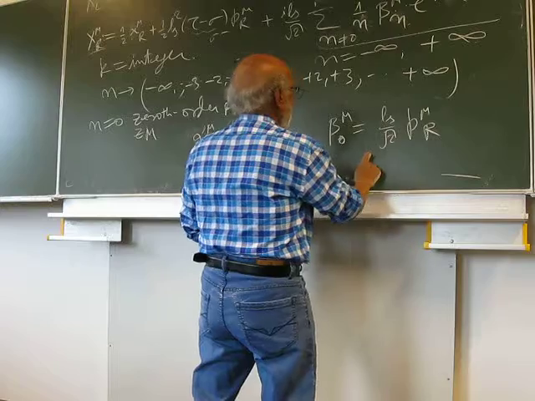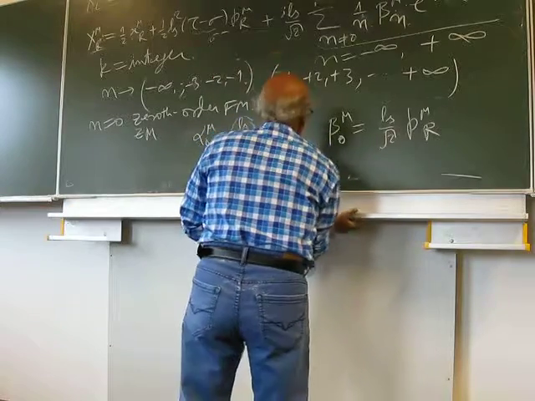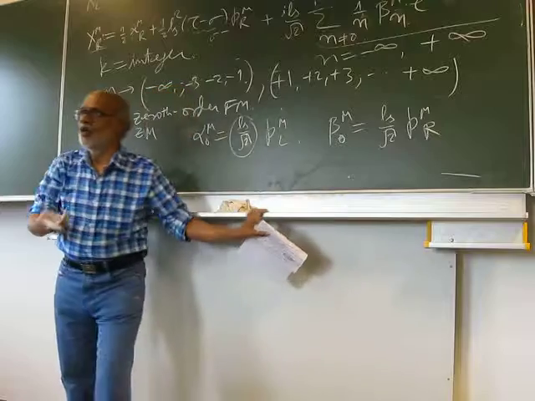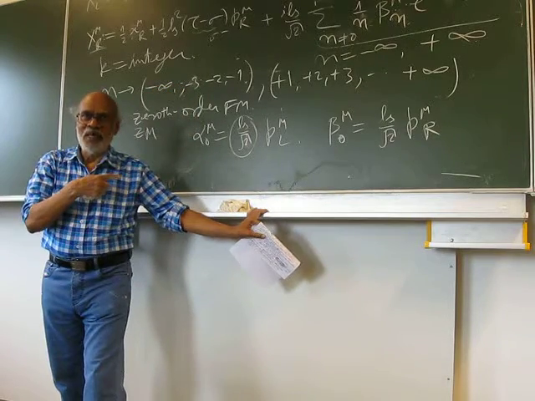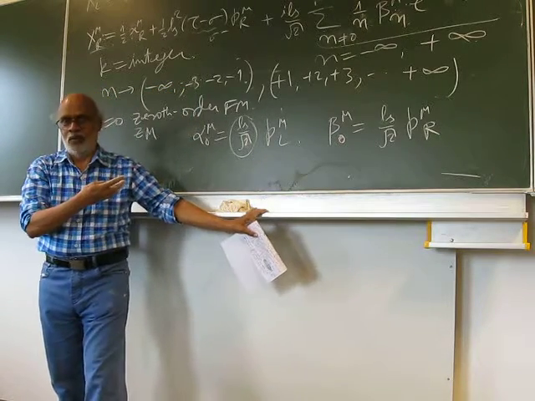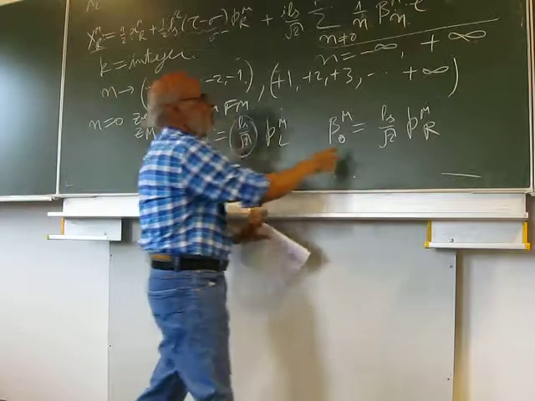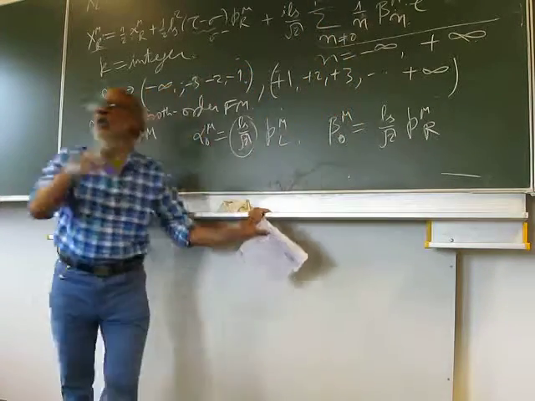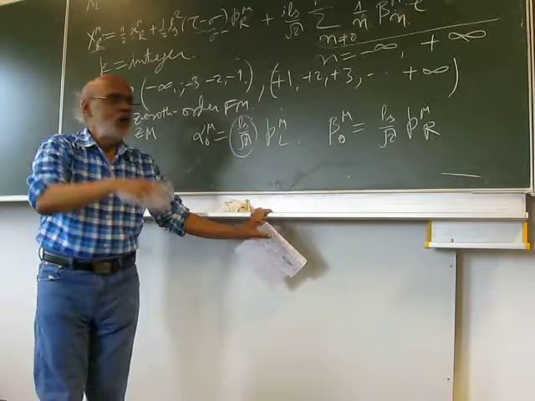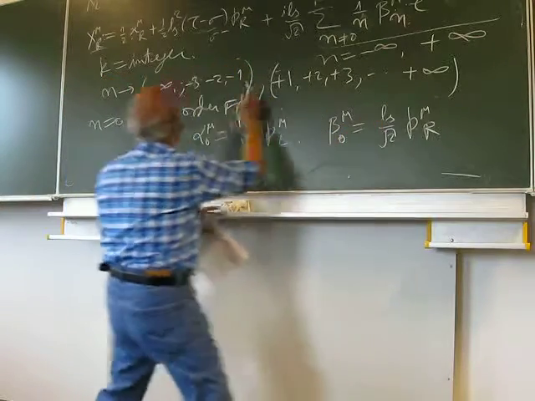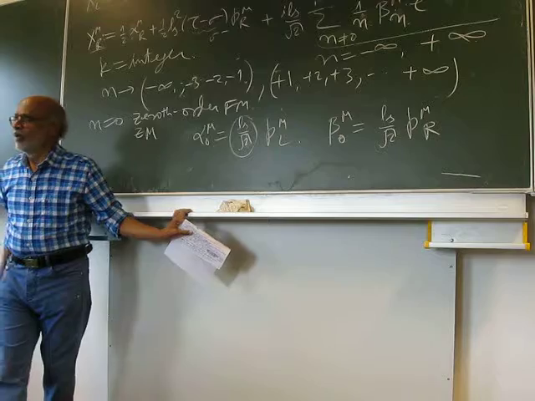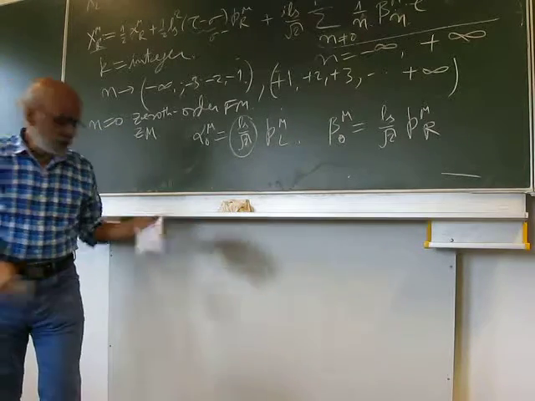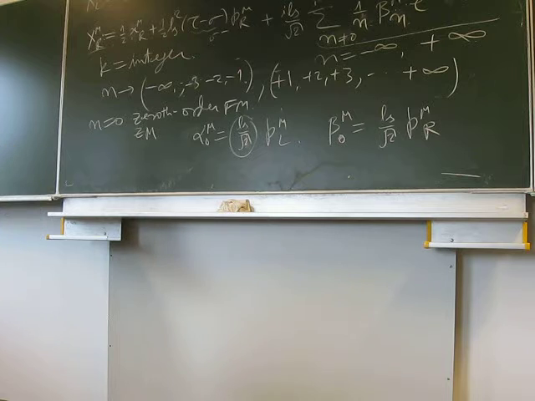At some places I would include them in this manner, or I keep them out. Alpha 0 and beta 0, and for that reason I have written n not equal to 0. So the n equal to 0 term is not there, but otherwise you sum from minus infinity to minus 1 and plus 1 to plus infinity.